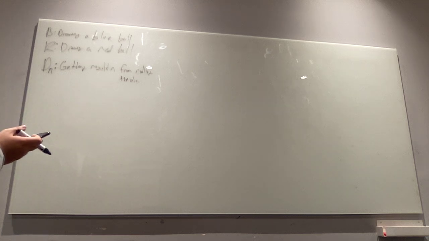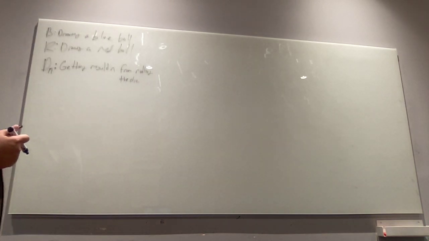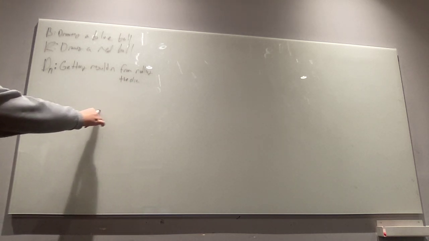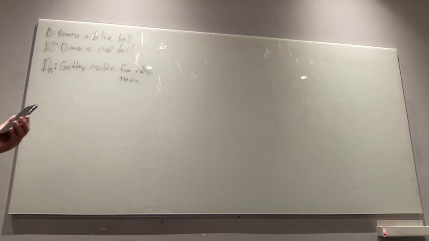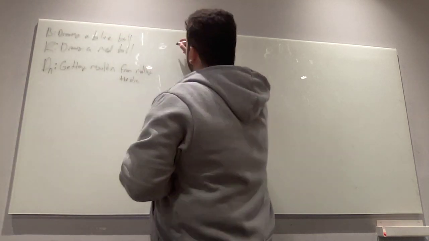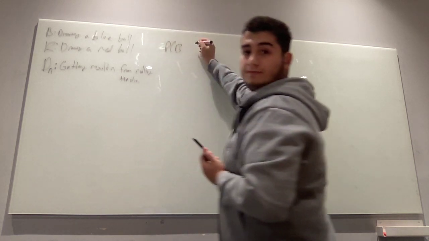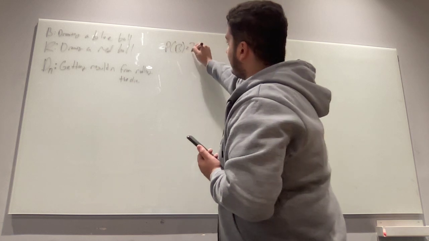Again, D1, D2, D3, up to D6 constitute a partition, because their intersections are empty sets. So probability B is asked.